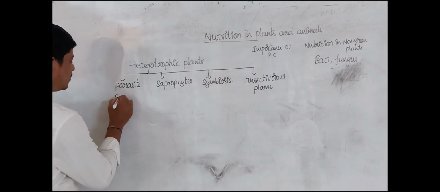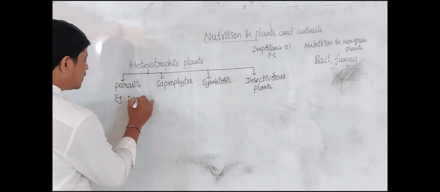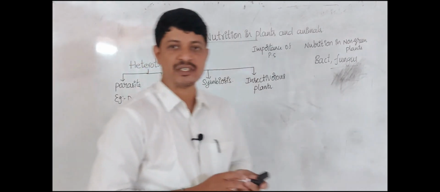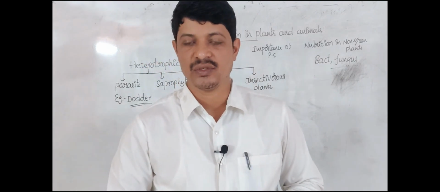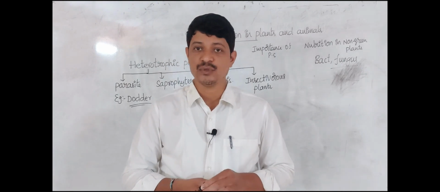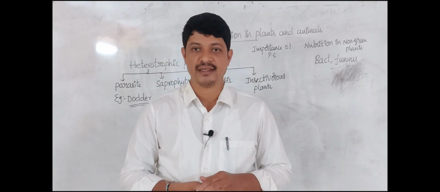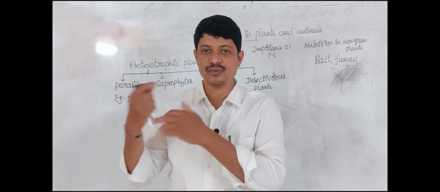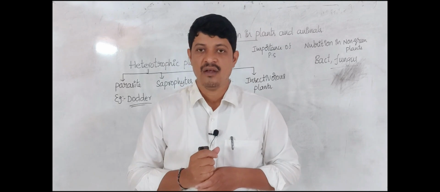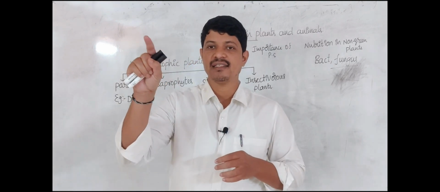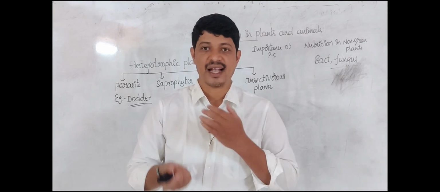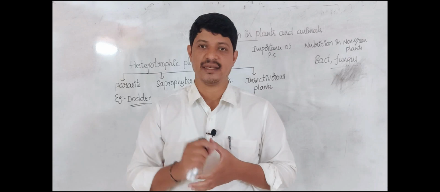Parasitic plants. An example of a parasitic plant is the dodder plant. The dodder plant has no specialized stems due to the absence of a strong stem. They collect the food particles from the host plant, suck the food from that plant only, with the help of string-like structures called haustoria.